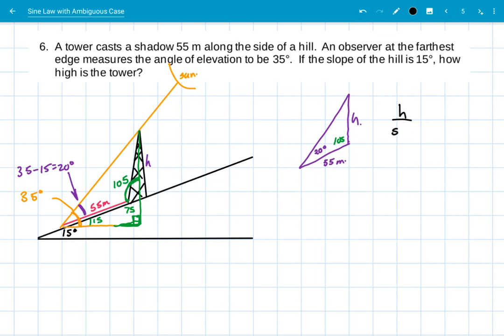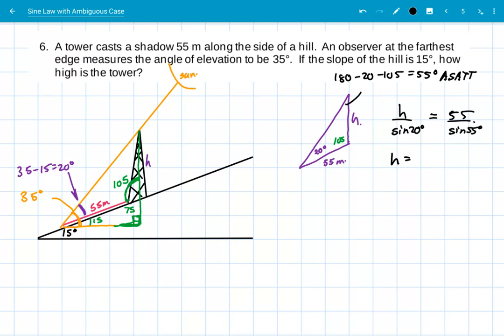The height over the sine of 20, right? There's the item I don't know with a ratio with its sine of the angle across. Oh, I still need more. This is 180 minus 20 minus 105, 55 degrees. Angle sum of a triangle theorem. So we have 55 over the sine of 55 degrees.